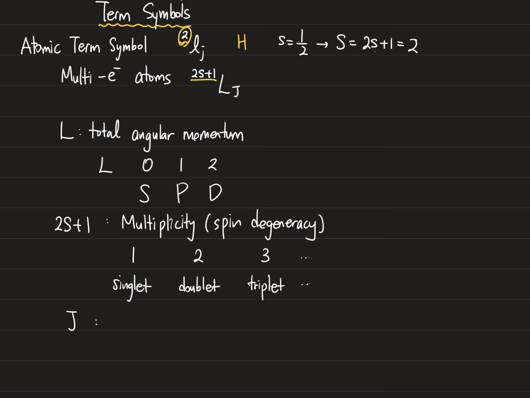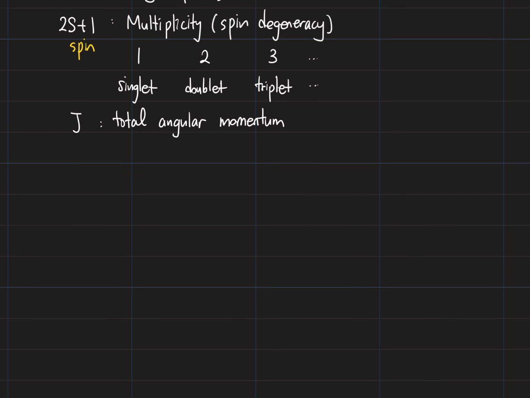So L is for orbital and S for spin, and J is their sum, the total angular momentum. This is calculated as L plus S, and we have to remember that this is a vector summation.